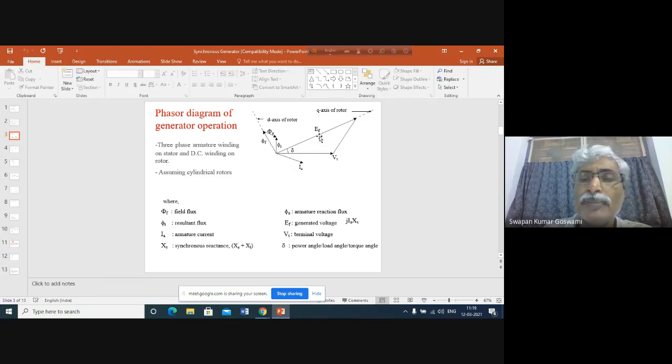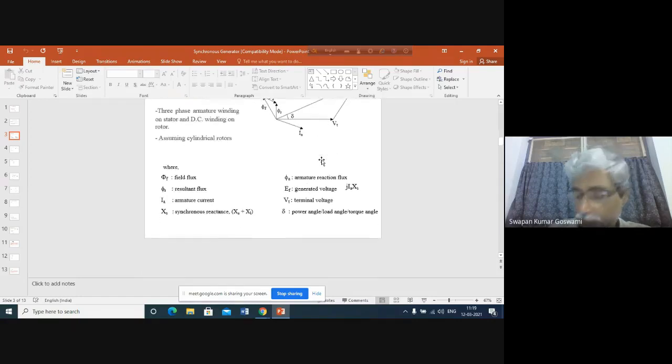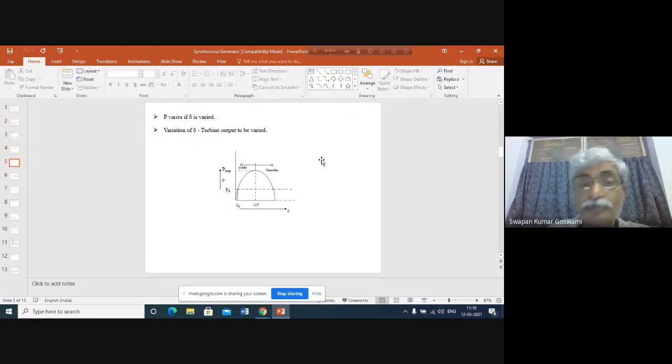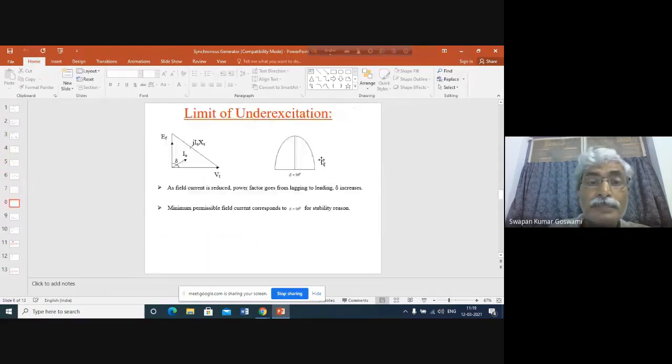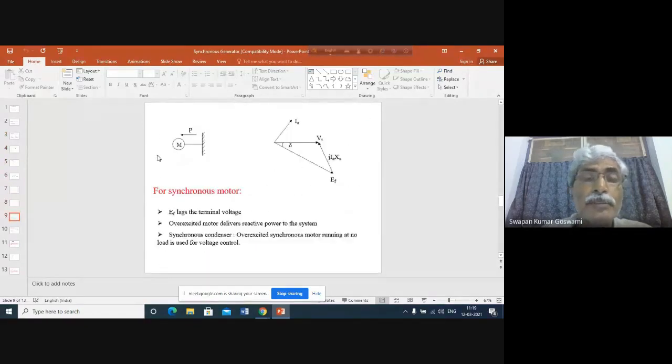But here you see that for a generator, EF is the leading phasor and VT is the lagging phasor. Why is EF leading? Because the generator is delivering power to the power system. EF leads VT. In case of motor, what happens? The motor will be drawing power from the system.